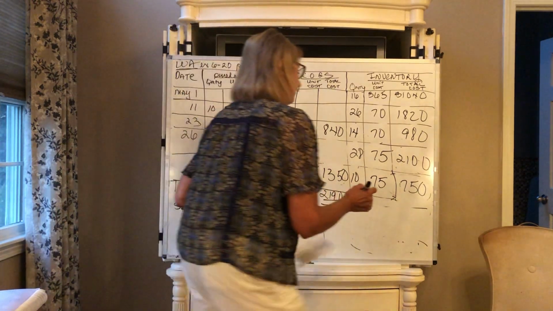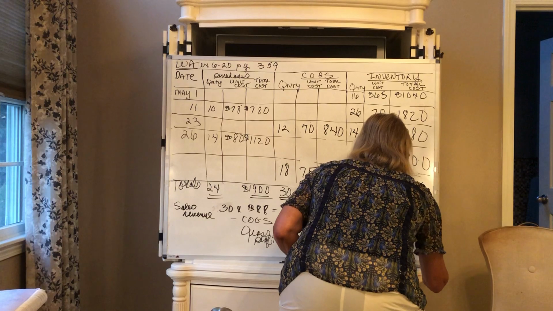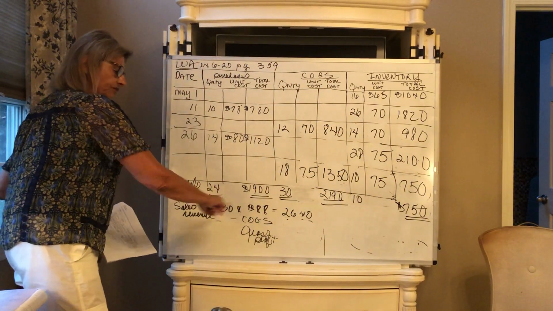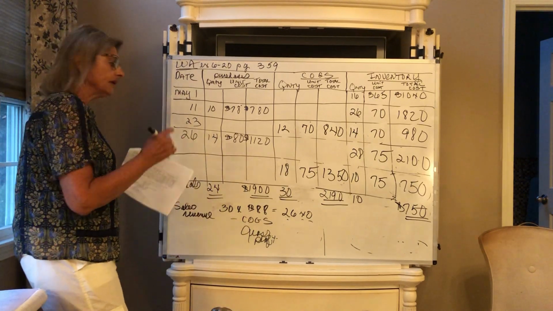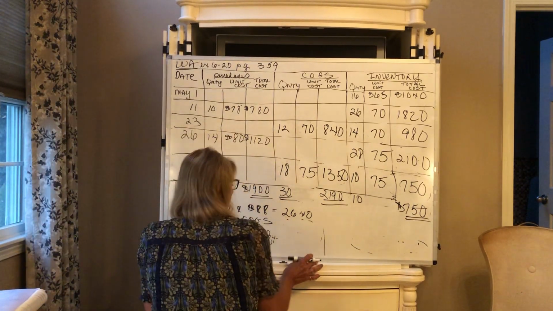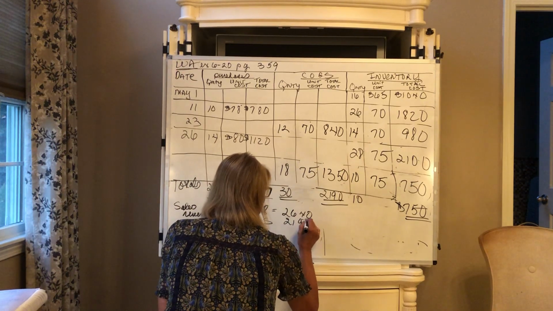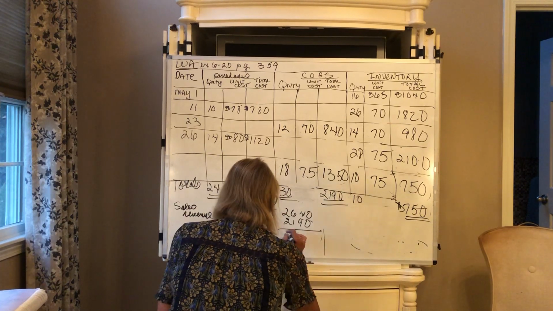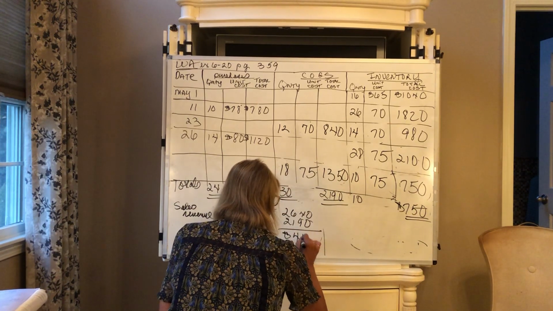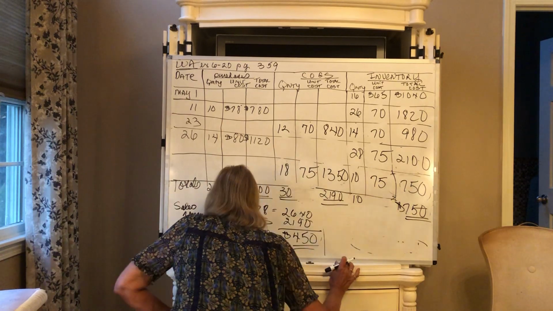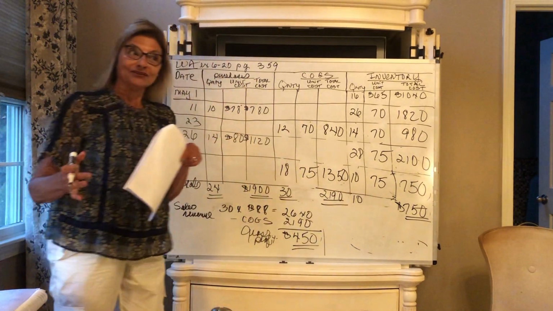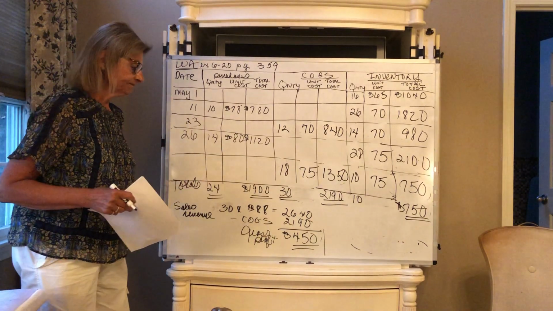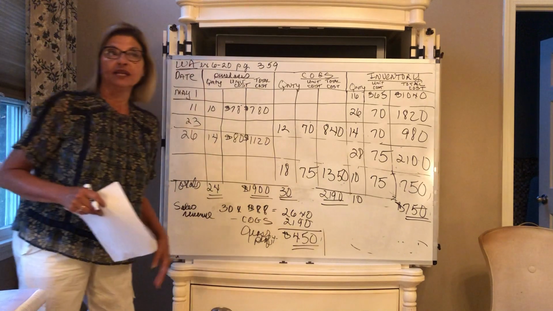And of course the ending inventory is $750, which we already knew. Okay, so let's put our cost of goods sold so we can get the gross profit using weighted average. So we're going to minus the $2,190 from the sales revenue of $2,640, and we get $450 for our weighted average, which is in between the 500 and the 350 that we got for FIFO and LIFO. That'll happen every time with weighted average.